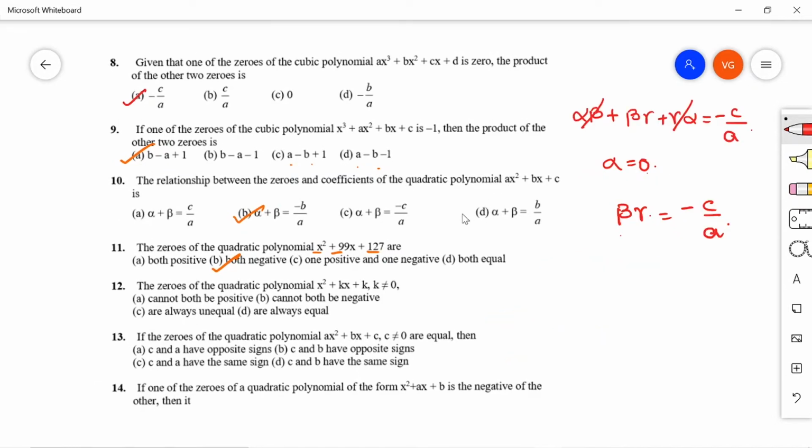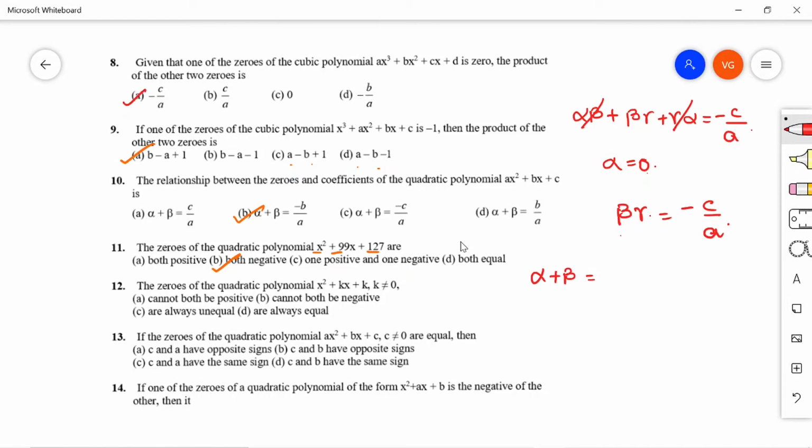Coming to question number 12, the zeros of the quadratic polynomial x square plus kx plus k when k is not equal to 0 cannot both be positive, cannot both be negative, or always equal. So let us see. Find out the sum of the roots here.